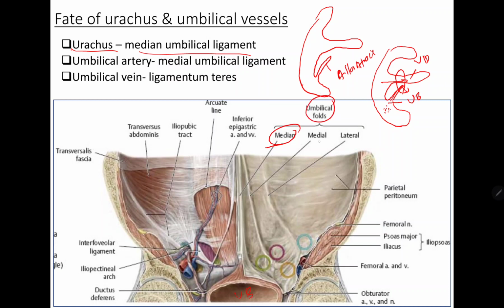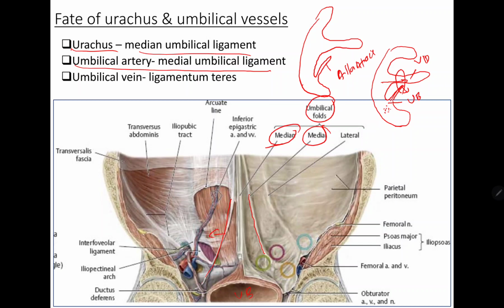Then we have the umbilical artery. So we have two umbilical arteries, on either side. These umbilical arteries will be converted into the medial umbilical fold. So here one on the left side, then one more on the right side. This is the obliterated umbilical artery.